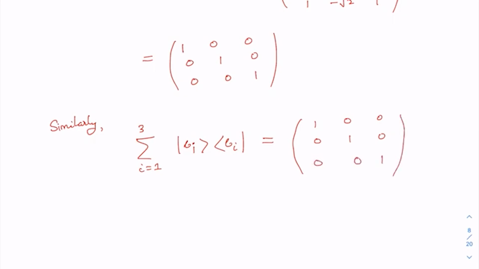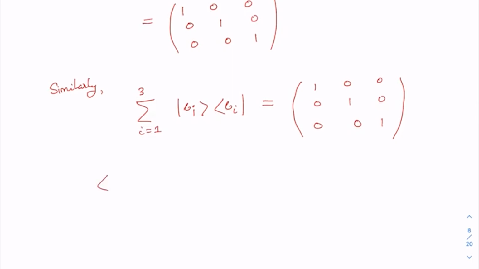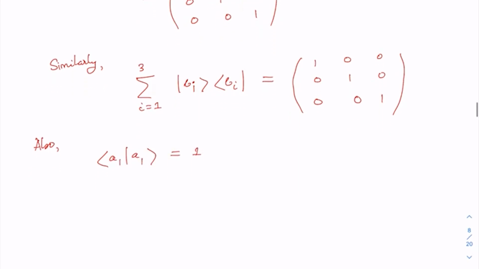All right. Also, very straightforwardly, you can show that a1, a2 and a3 are already normalized to 1.